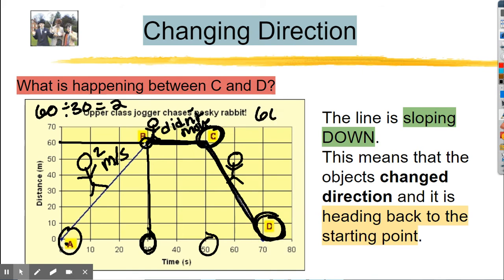That is still 60 meters. I've still went 60 meters, even though I'm just turning around and going in the opposite direction. And I went from 50 seconds to 70 seconds, which is 20 seconds. So actually, I am going 3 meters per second on my way back. So I'm actually going faster. So even though that line is sloped down, all that means is that it is changing direction and you are going back towards the starting point.